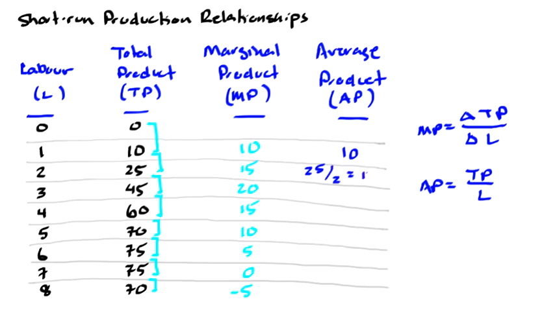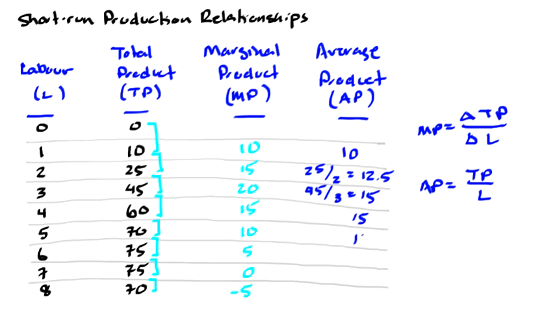This equals 12.5. For 3 workers, we've got 45 chairs total divided by 3 workers. This equals 15. And we can go down the line calculating these. 60 divided by 4 is 15.